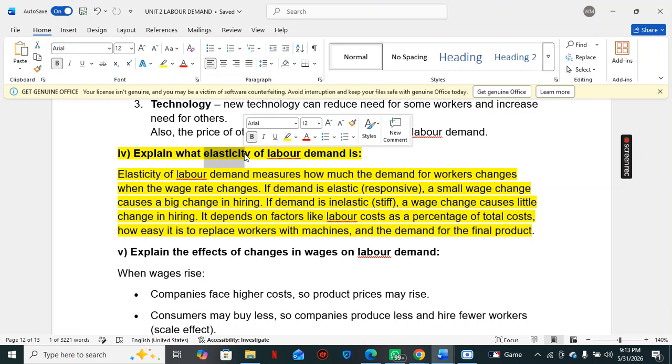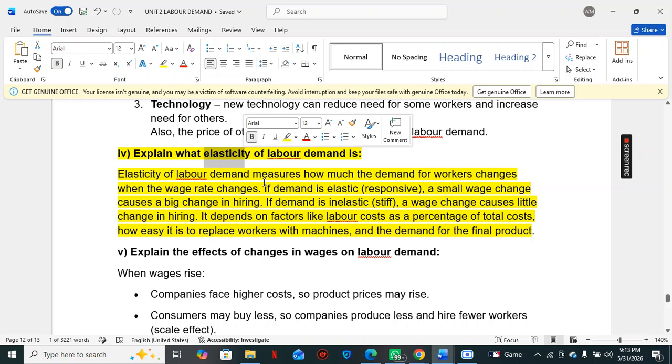Here in labor economics, elasticity of labor demand is how the quantity of workers demanded responds to changes in the wage rate.